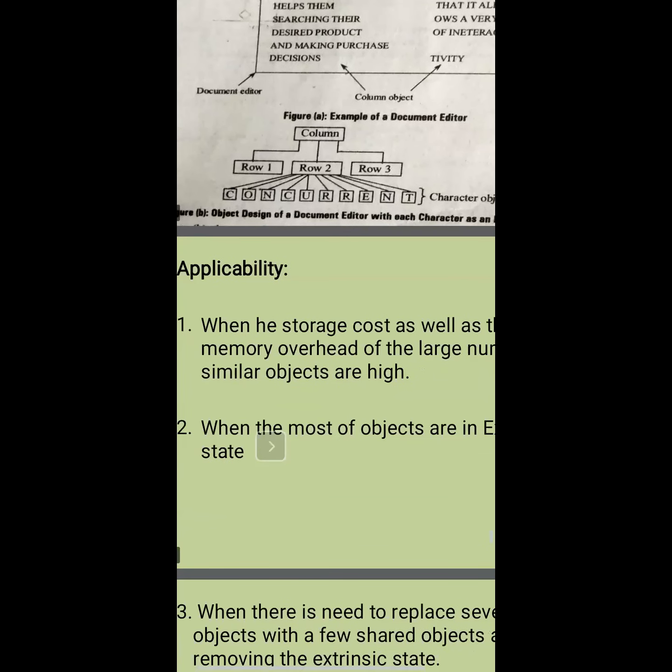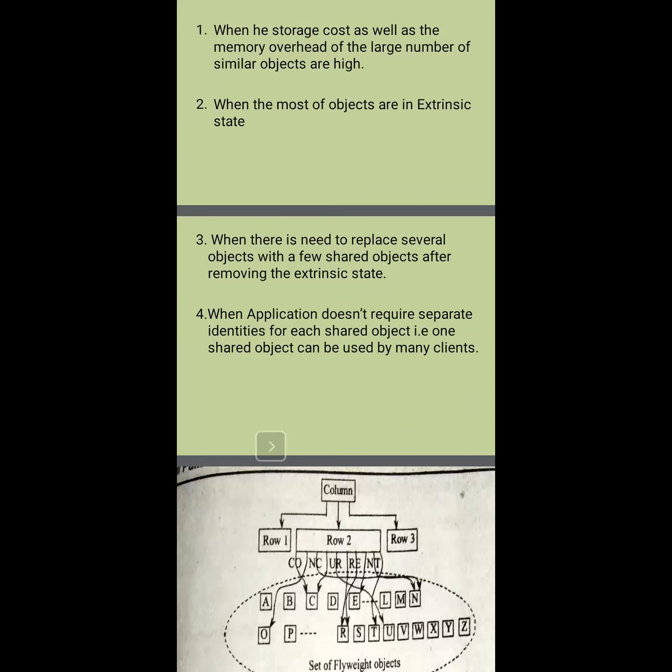So then what is the applicability? We use this when the storage cost as well as the memory overhead of a large number of similar objects is high. That means when we are not able to accommodate all the objects in memory, then we follow this pattern. Also when most of the object state can be made extrinsic, and when there is a need to replace several objects with a few shared objects after removing the extrinsic state.